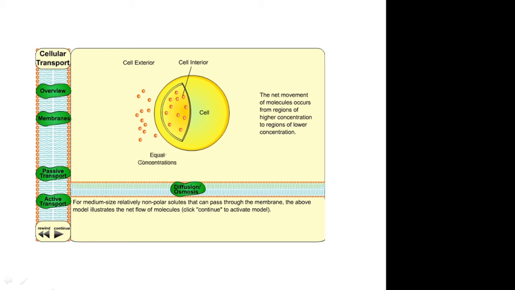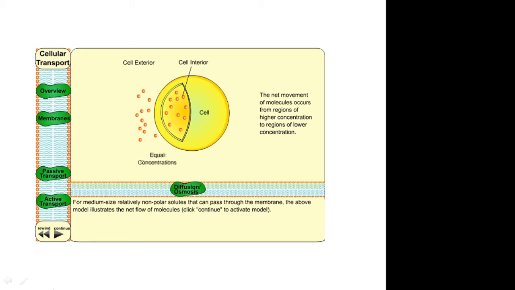The net flow of water molecules will occur from the region of low sugar concentration to the region of high sugar concentration. Osmosis thus acts to produce more equal solute concentration.